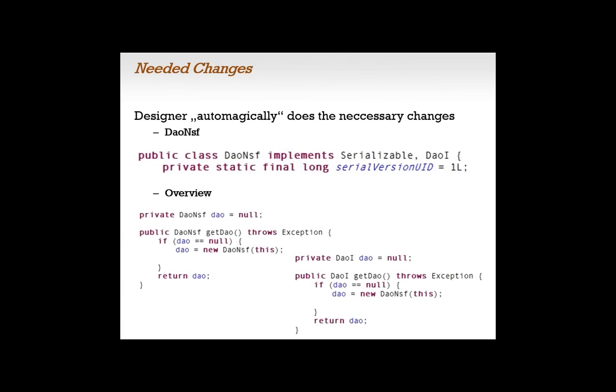And what it also does is automatically, or automagically, make the necessary changes to your code. We use the DAO NSF in two places in this application. In the DAO NSF itself, for instance, I'm not sure if my cursor is visible on the presentation here, the DAO interface is added to the implements statement on the class declaration.